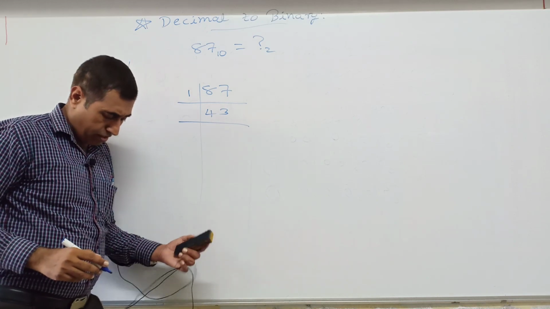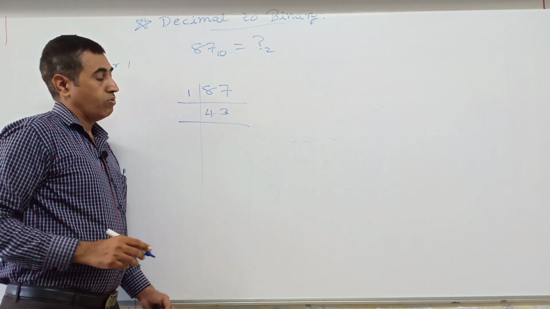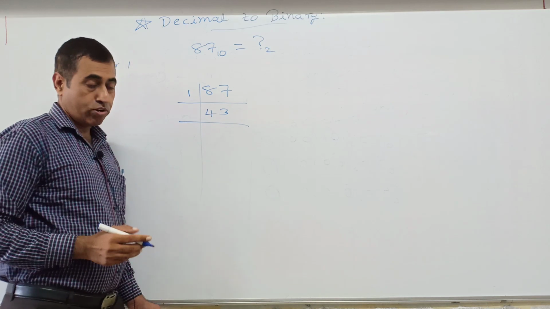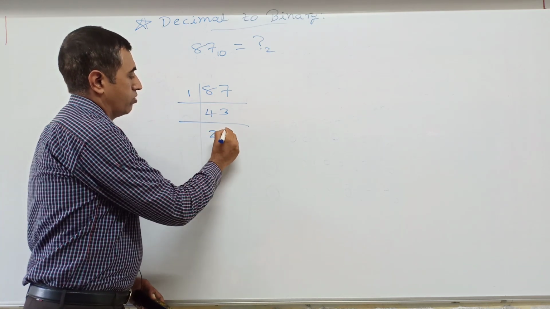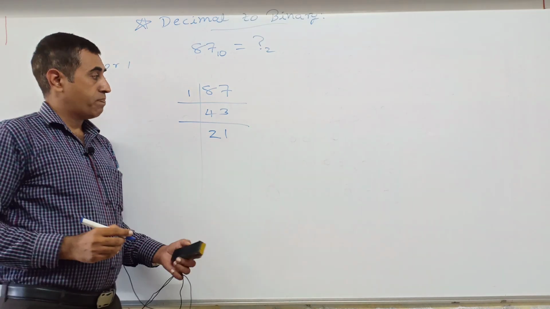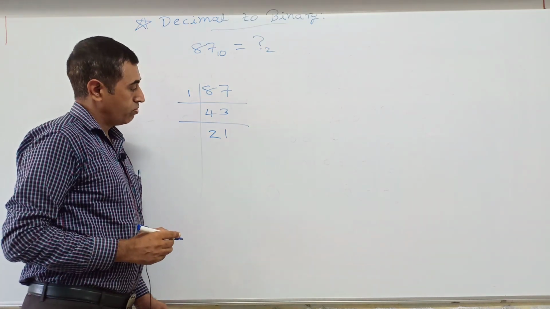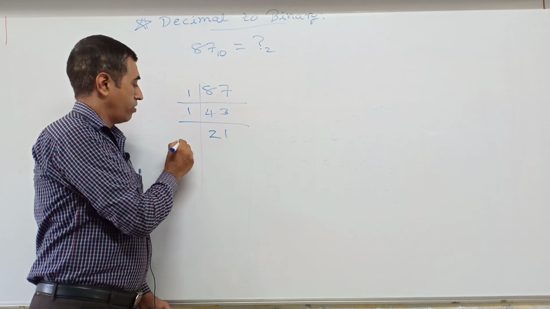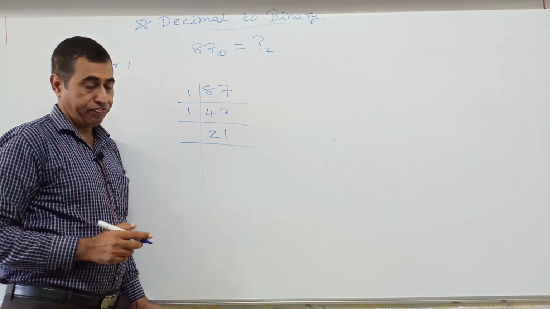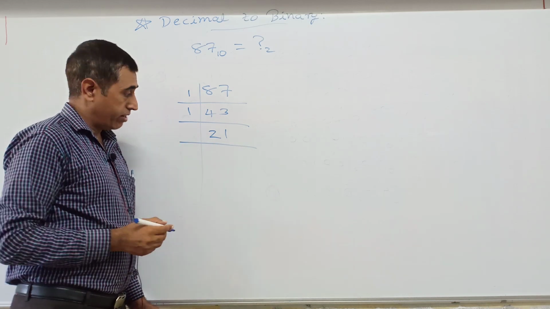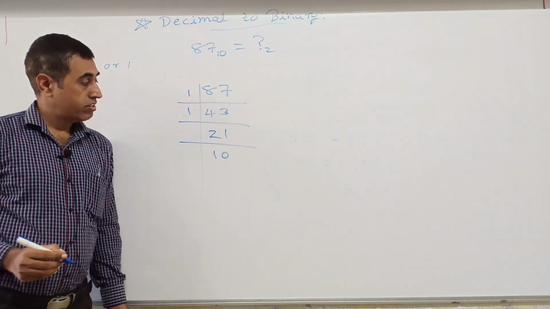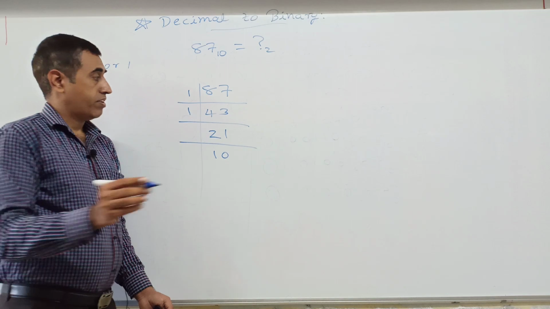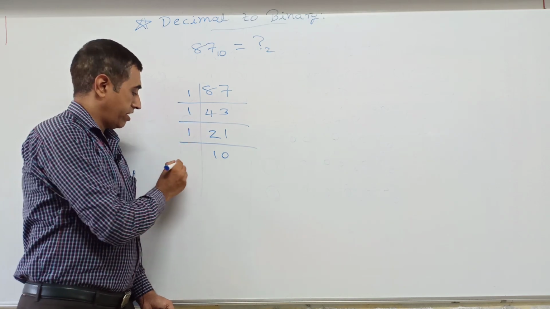Again, we have to divide it by 2. So 21 2s are 42, and the remainder we have to write here is 1. Again, we will divide it by 2. 10 2s are 20, and the remainder we write here.